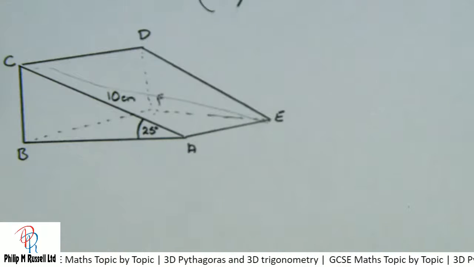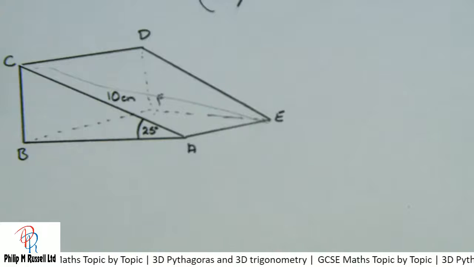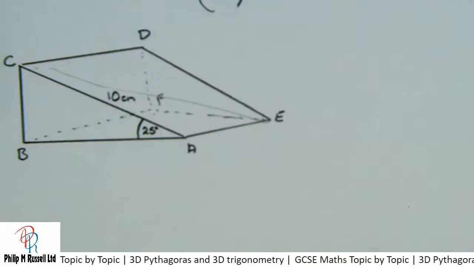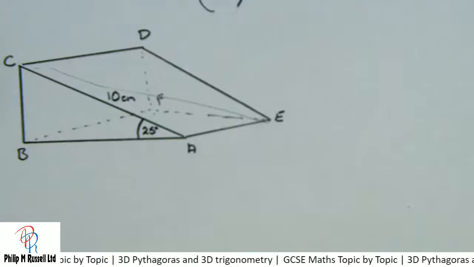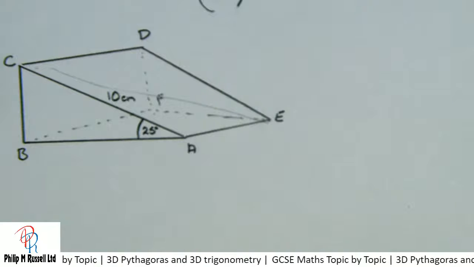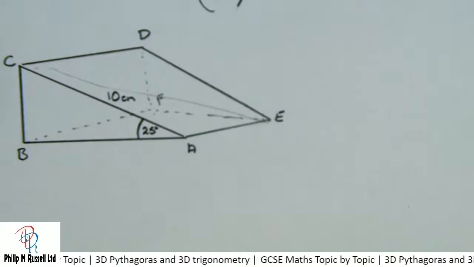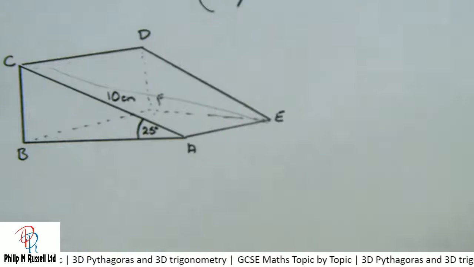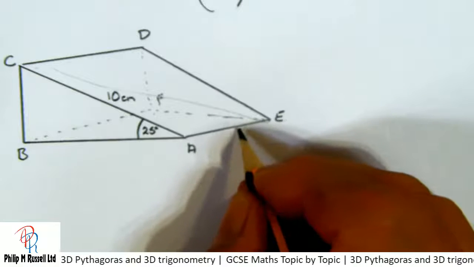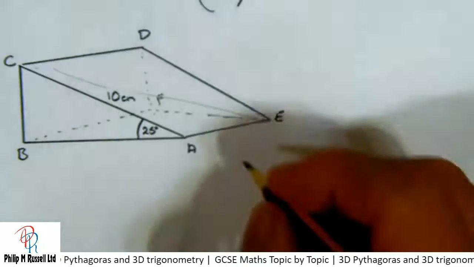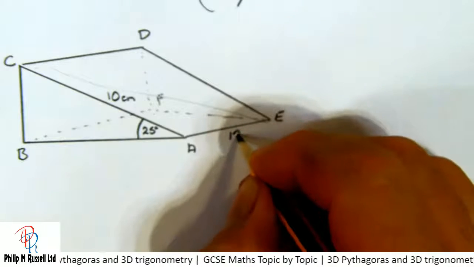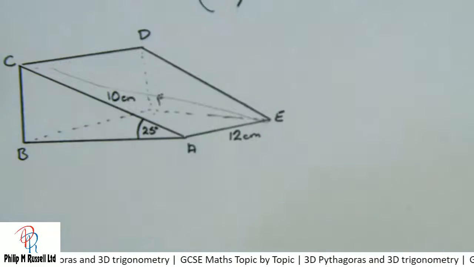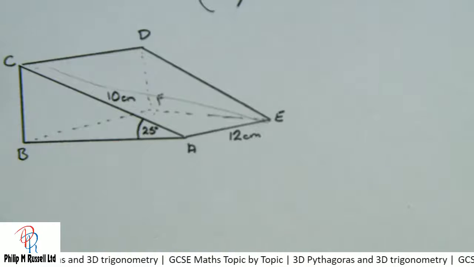And that's all the information that I've got. Well, I hope it's enough so I can work out what's going on. It isn't. I will need to know one more bit here. I'm going to have to know this side, otherwise I'm not going to be able to work anything out. And so let's make that one 12 centimeters. Okay, now we should be able to do most things we need to do on here.